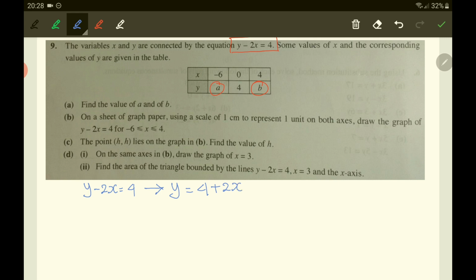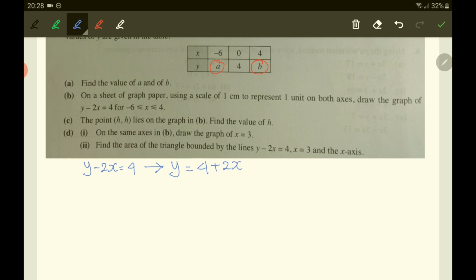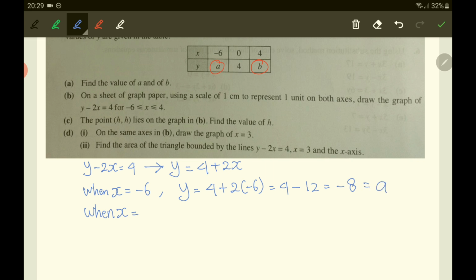Okay, so let's see, when x is equal to minus 6, y is equal to 4 plus 2 times minus 6. So we get 4 minus 12, which is minus 8. So the minus 8 here is the value of a, because we changed x to minus 6.